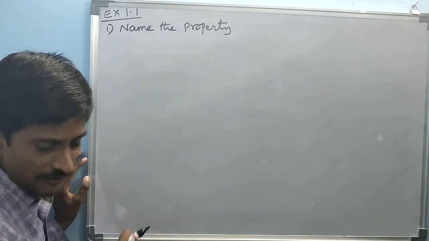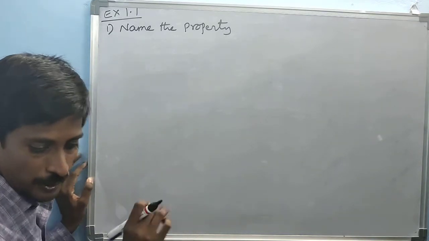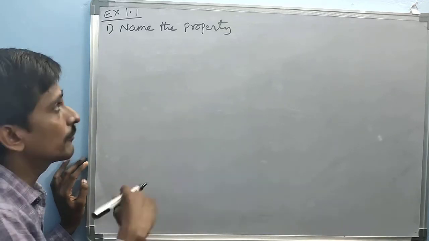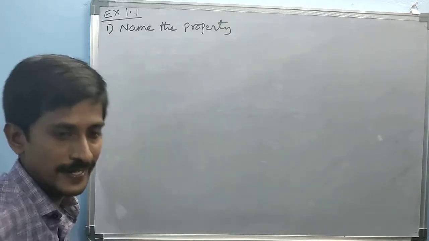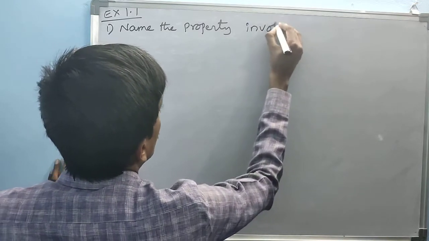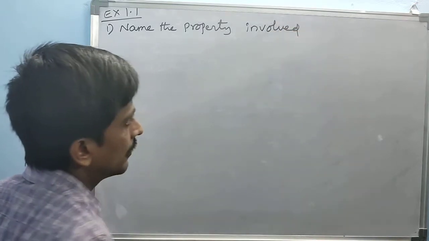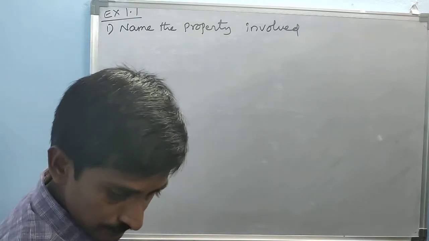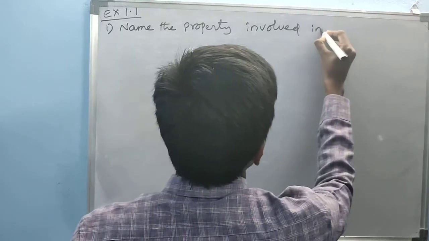So in the first sum, some property is given. You find out which property is used.